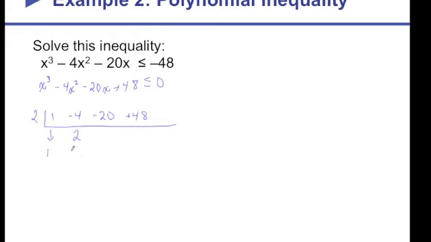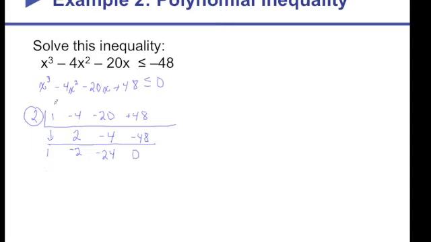Adding there, I'll get negative 2. 2 times negative 2 is negative 4. Adding, I'll get negative 24. And 2 times negative 24 is negative 48, out of 0. So 2 is a solution.